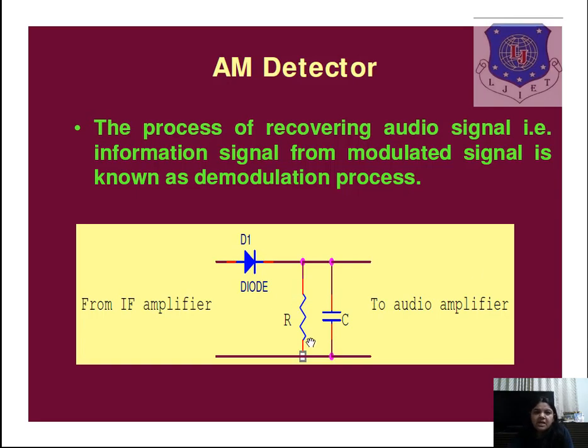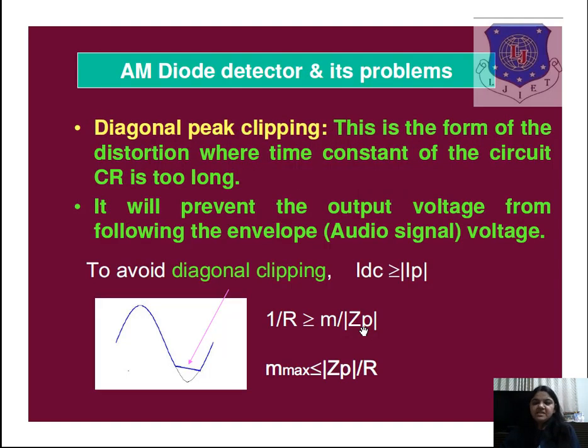Here again we have a coupling capacitor. What will this coupling capacitor do? It will block the DC component, and we have only the AC component at the other end. So this is the procedure known as the demodulation procedure. In the demodulation procedure, we are using the diode as a low pass filter, and this C is used to block the DC component.